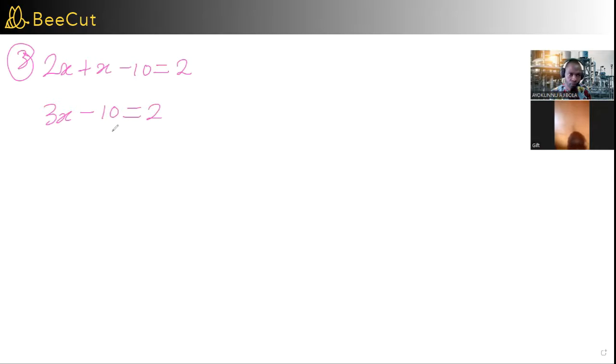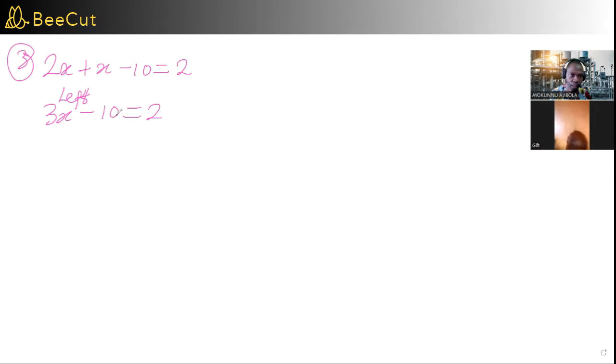Now look at this. This is 3x minus 10 equal to 2. It is x I am looking for. What are the things that are not making x stand alone on the left-hand side of the equation? I have minus 10 and I have 3. Yes, sir.